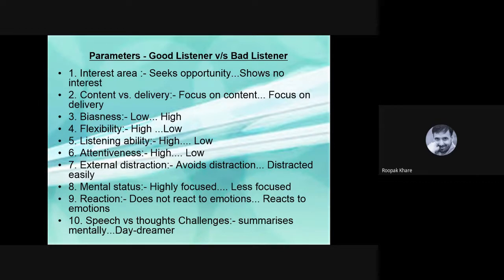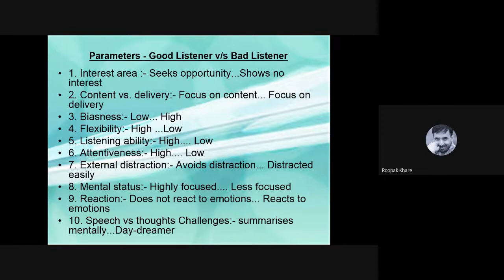What and how, there's a difference. Biasness. People who are highly biased are bad listeners. The less biased you are, the better listener you're going to be.